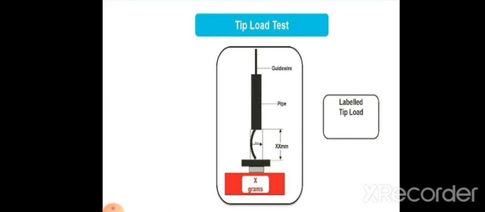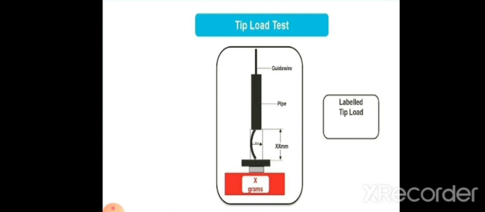At the time when the tip of the guide wire starts to bend, this is the resistance measured by the tip load, and it is measured on this balance in units of grams.